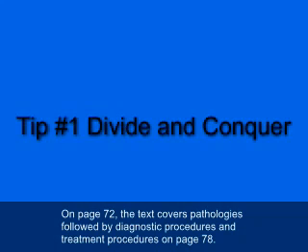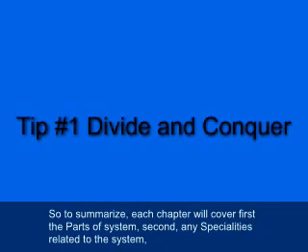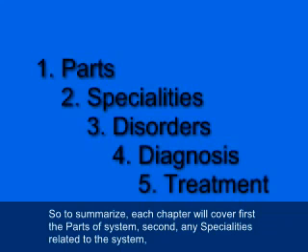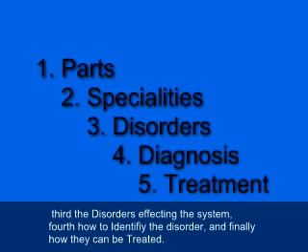On page 72, the text covers pathologies, followed by diagnostic procedures and treatment procedures on page 78. So to summarize, each chapter will cover first the parts of the system, second, any specialties related to the system, third, the disorders affecting the system, fourth, how to identify the disorders, and finally, how they can be treated.